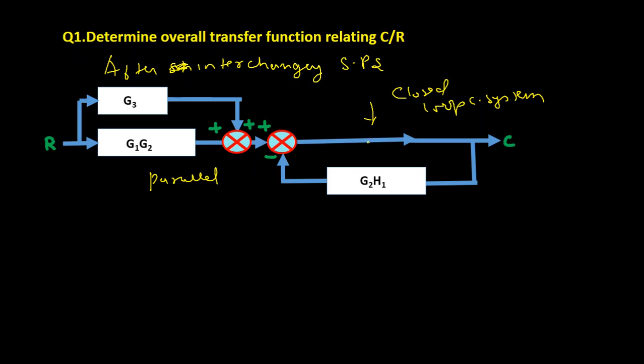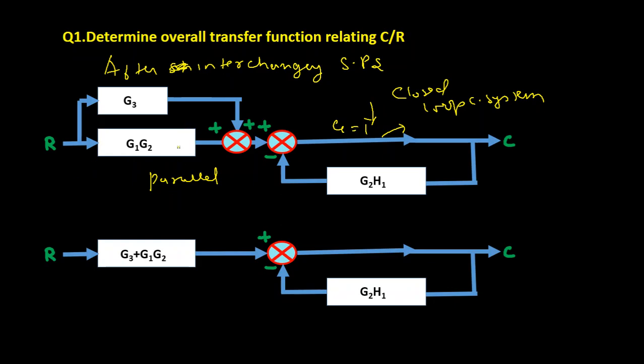So the gain of this control system is equal to 1 because this signal from this summing point is directly applied to the output. So the gain of this system will be equal to 1 here.